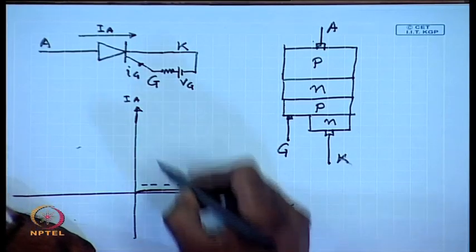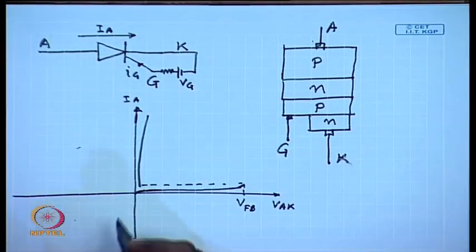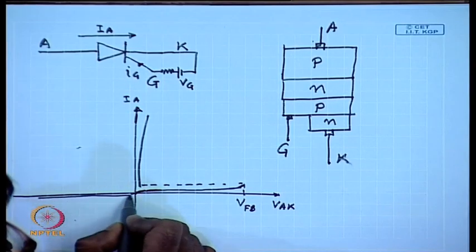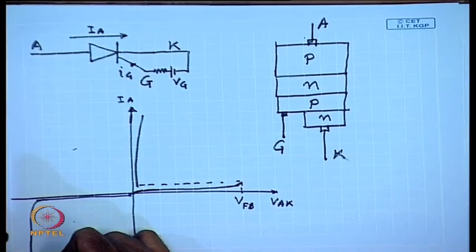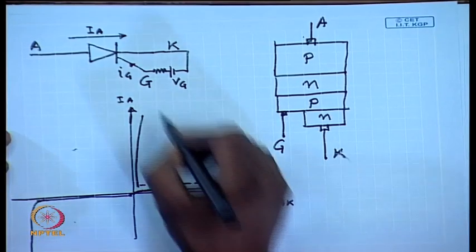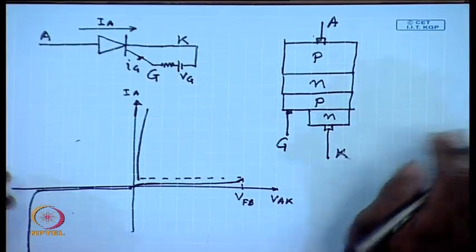After that, it behaves almost like a diode. The reverse side, it is like a diode. However, the point at which the device turns on can be controlled by controlling the gate current.